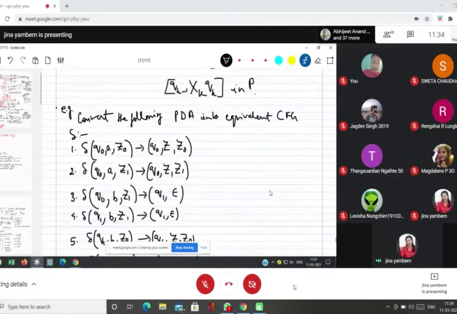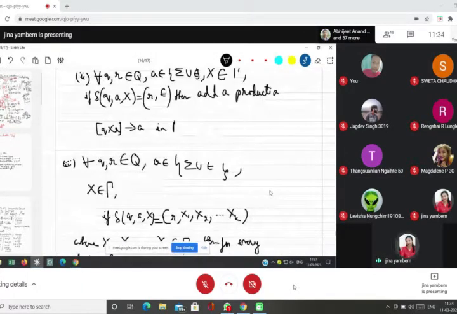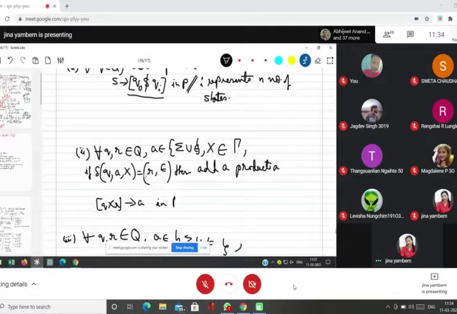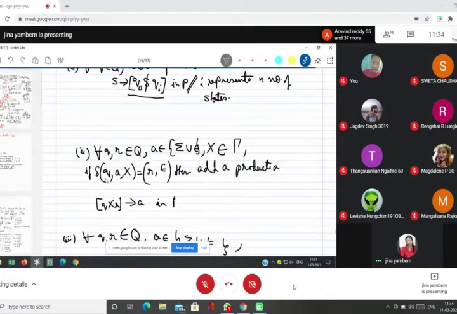Next one is the transition of this format.